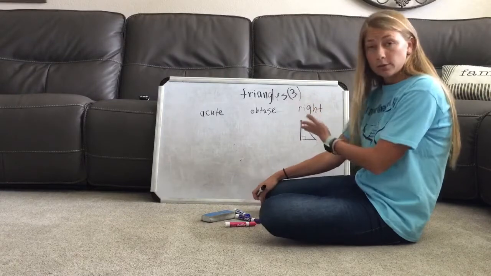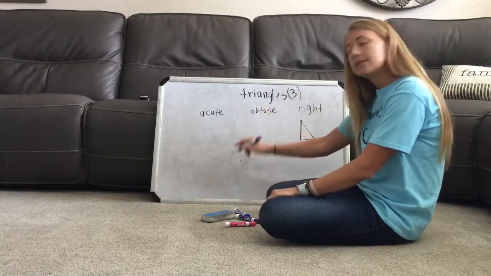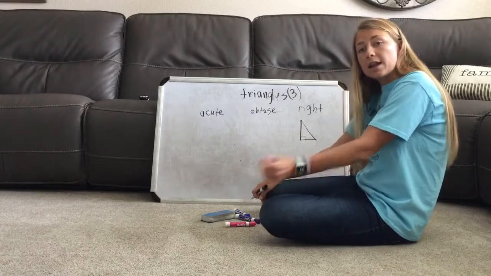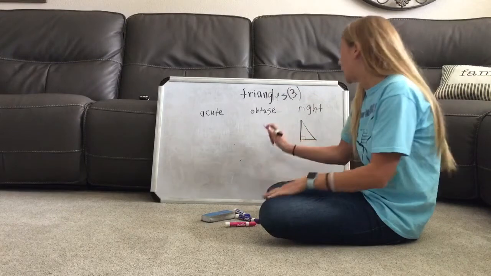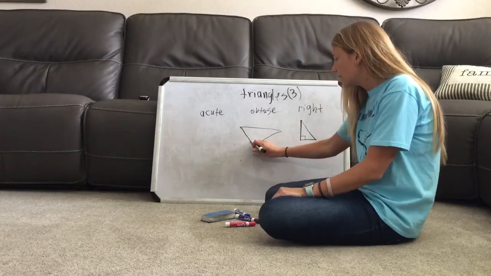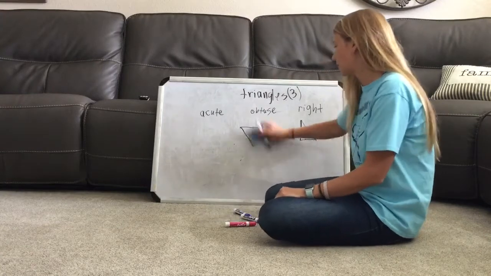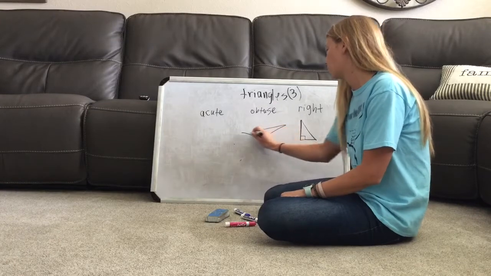Next, if there's no right angle, there's no box, then the next thing you should ask yourself is, is it obtuse? Is there one obtuse angle? An obtuse angle is a very large angle. That wasn't even a very good example. Let me draw a new one. There we go.